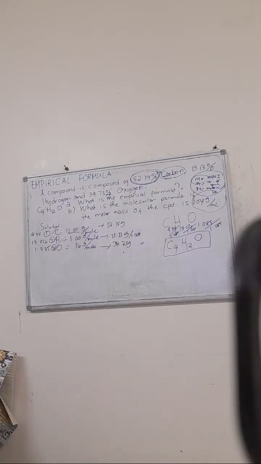Now for your oxygen, oxygen is 34.73. In this case, guys, you get confused with oxygen, right? Why? Because others will use the 32, the one for oxygen gas.